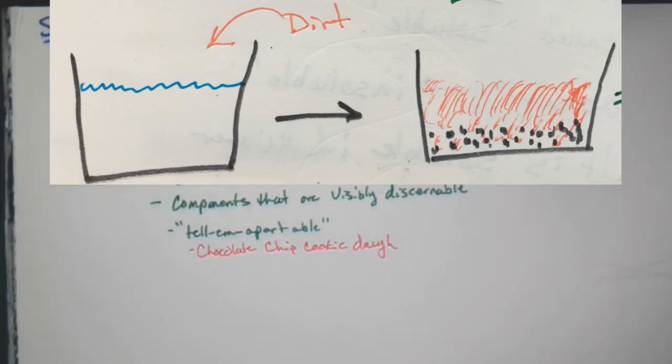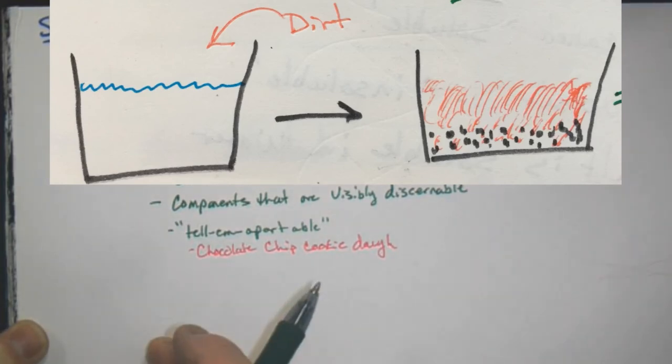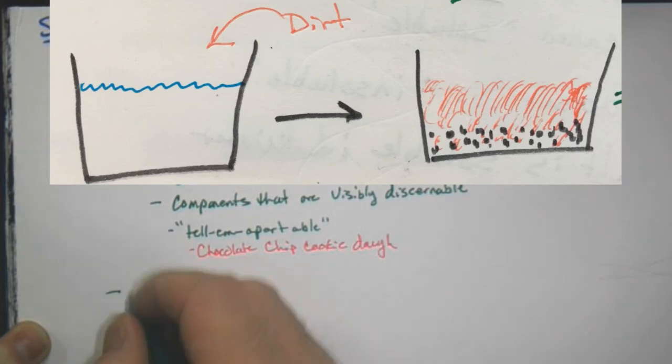Okay, but you can't tell. It's just brown water, right? You can't really see the parts that make it brown. And that is when it becomes a homogeneous mixture.